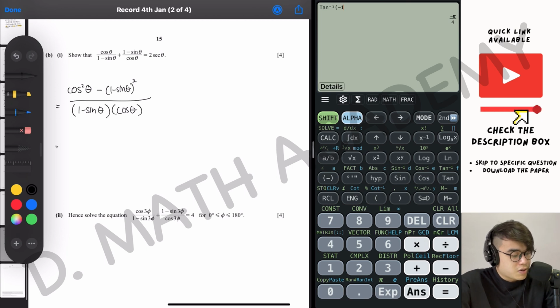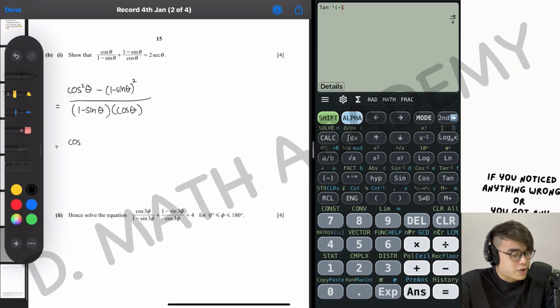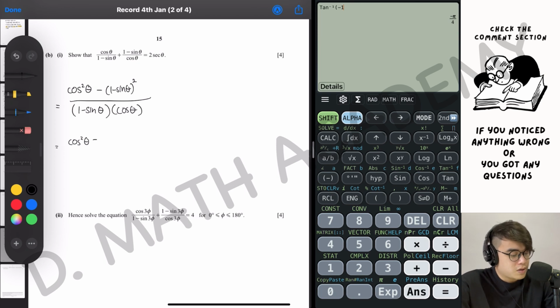So I remain the cosec square unchanged because I'm unsure what would turn out at the back. So 1 minus 2 sine theta plus sine square theta. Okay, so this is all I have left.